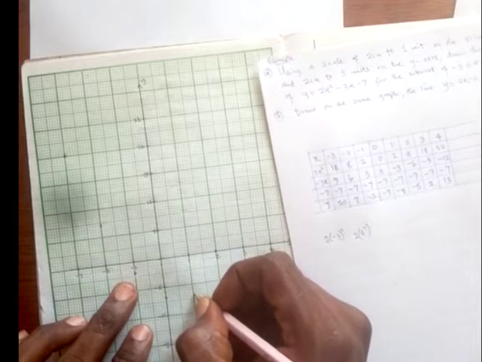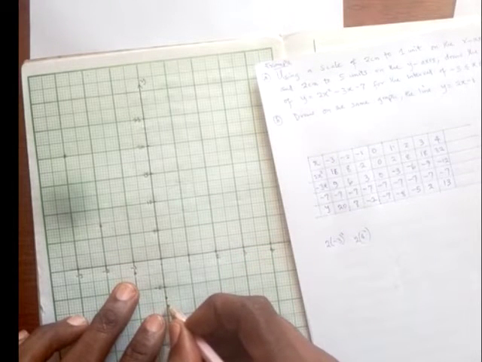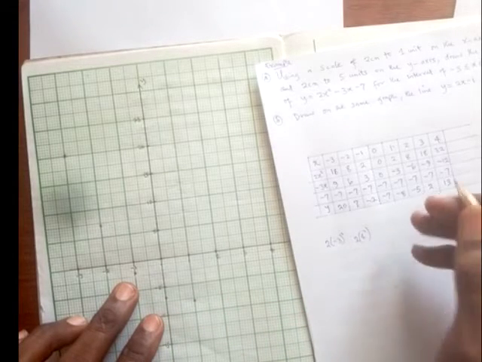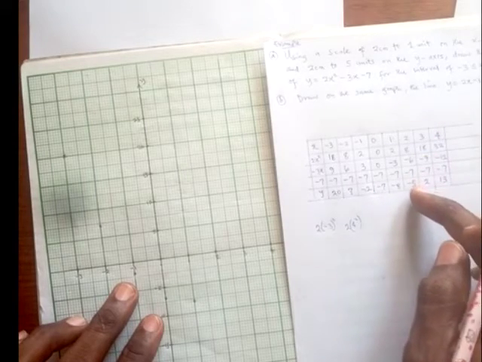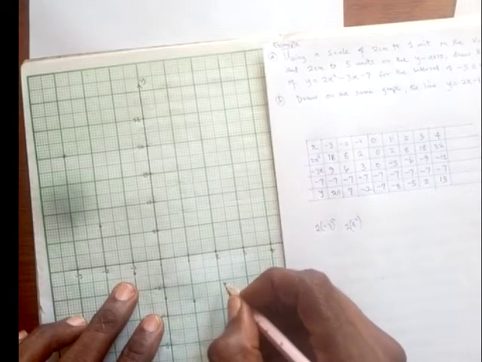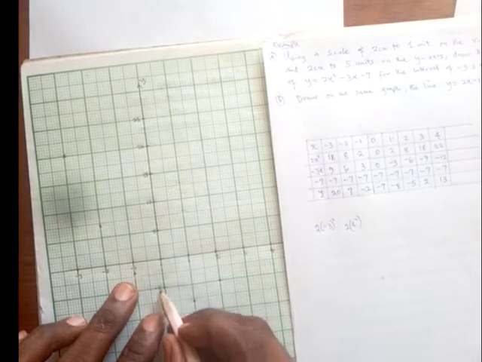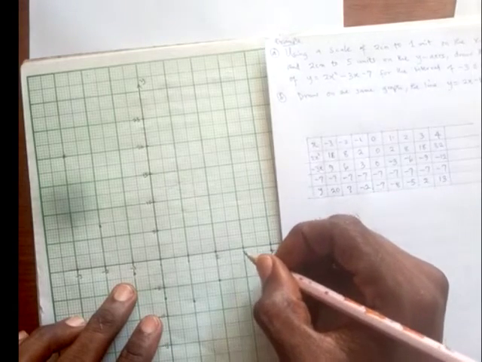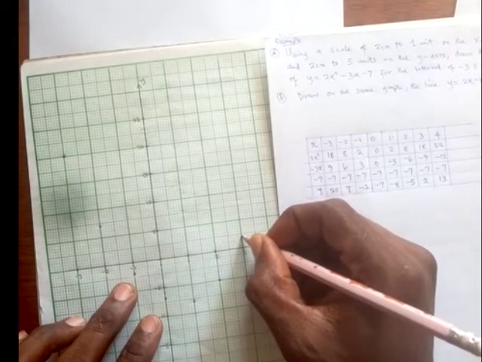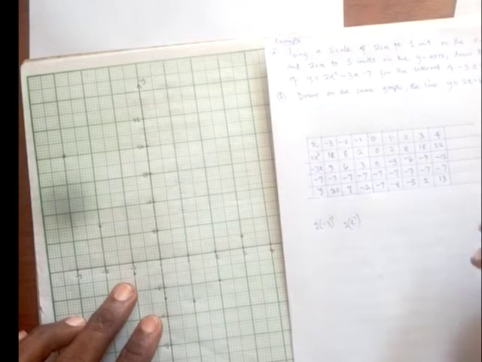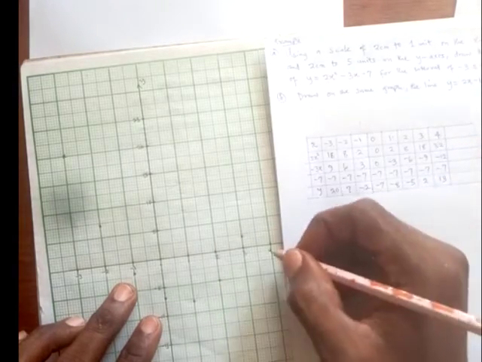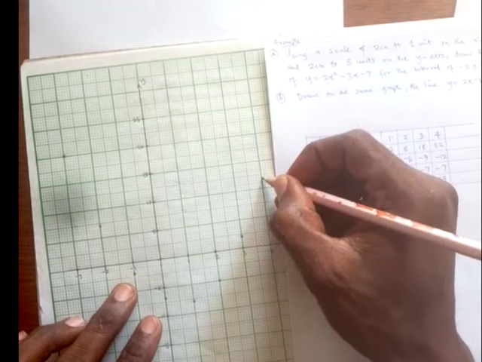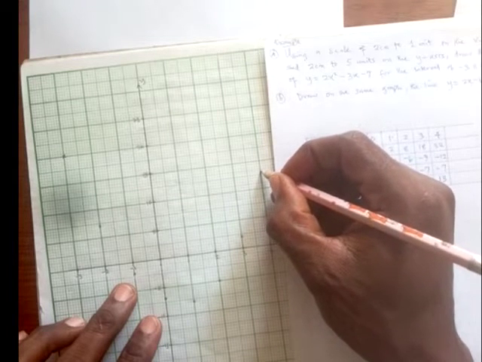This is 1, this is 7, this should be 8. When x is 2, y is -5. When x is 3, y is 2. This is 1, this is 2. When x is 4, y is 13 upwards. This is 10, 11, 12, 13.